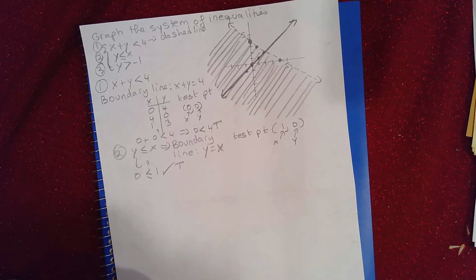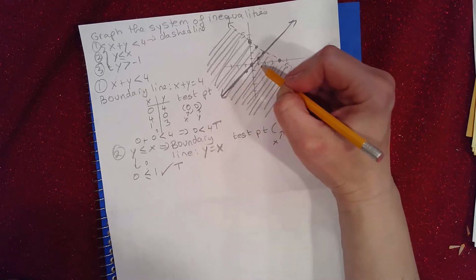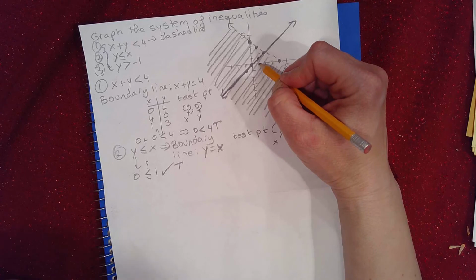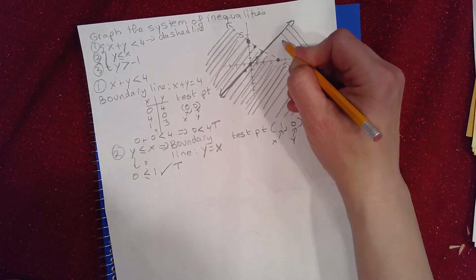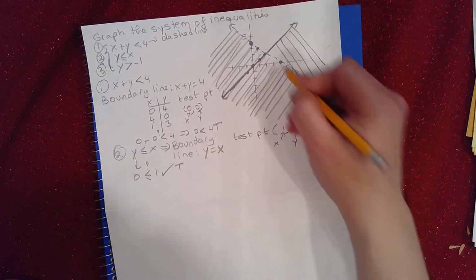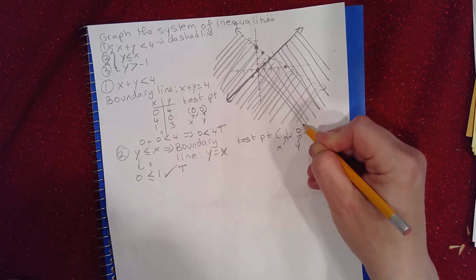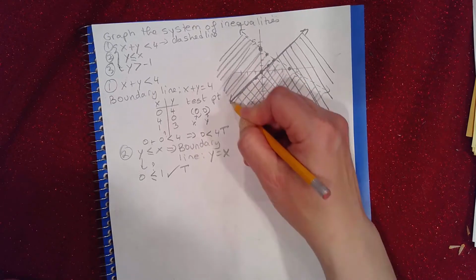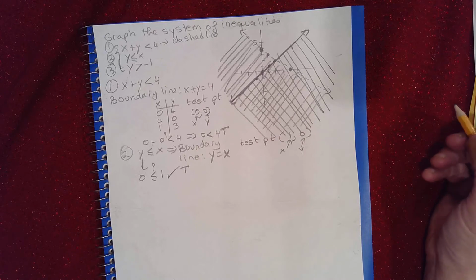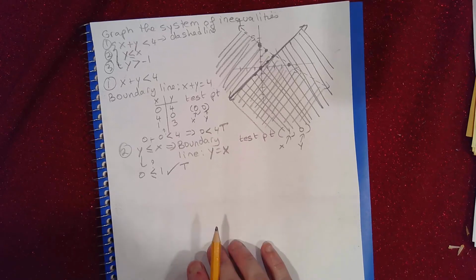That's a true statement, which means the test point 1, 0, below the boundary line, is included in the solution region. So we shade the region below that line. So this is the graph of the second inequality.